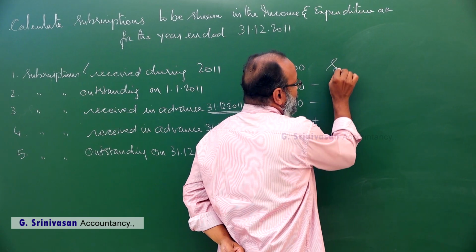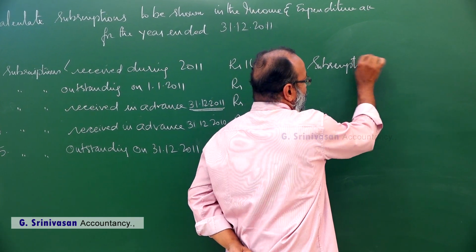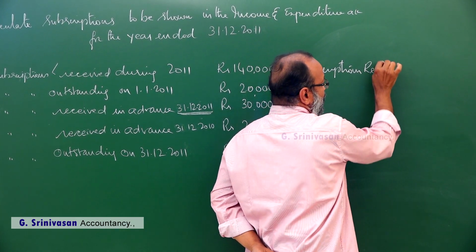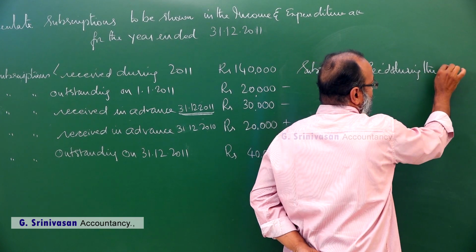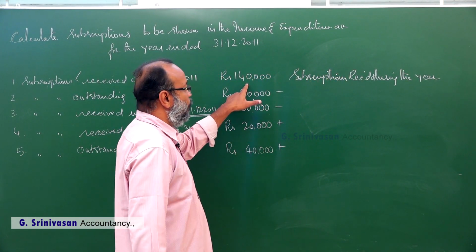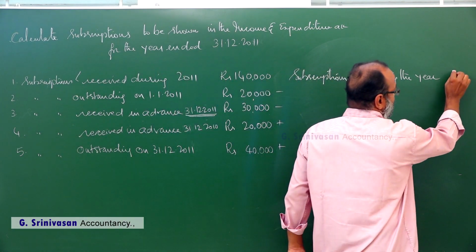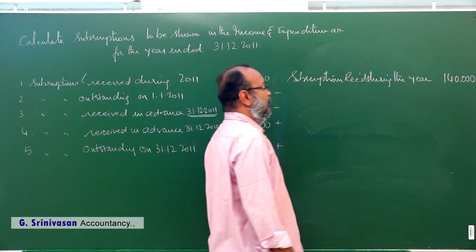It is subscriptions received during the year. Subscriptions received during the year is 1,40,000. Right.